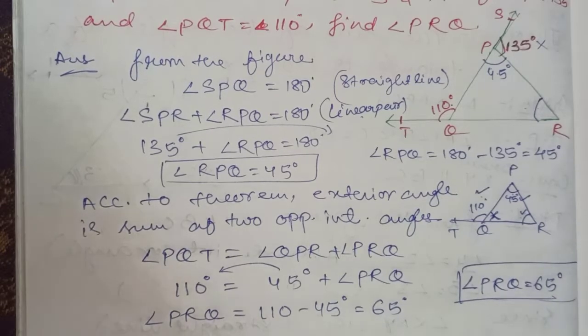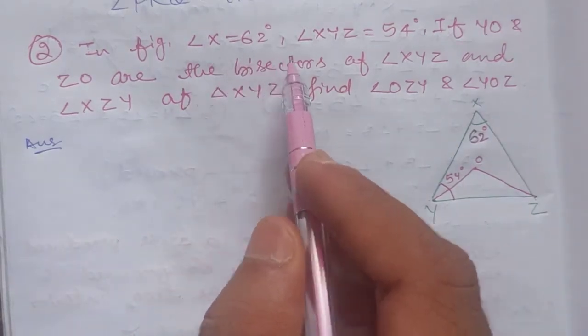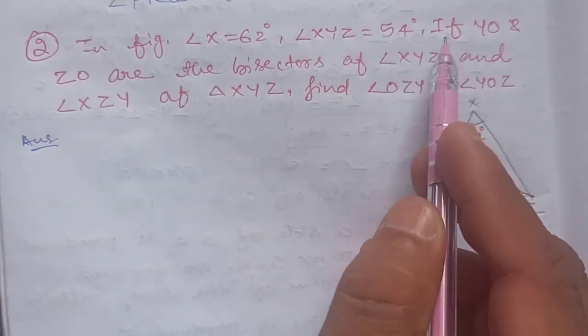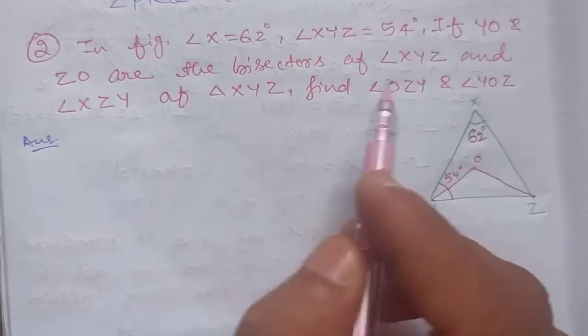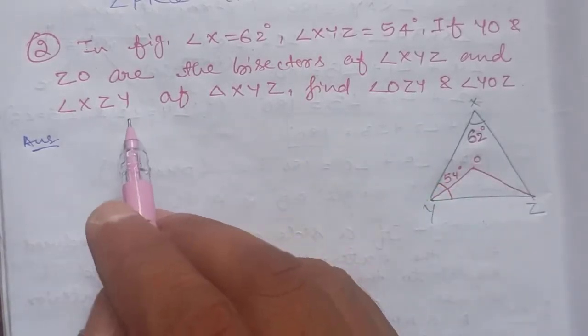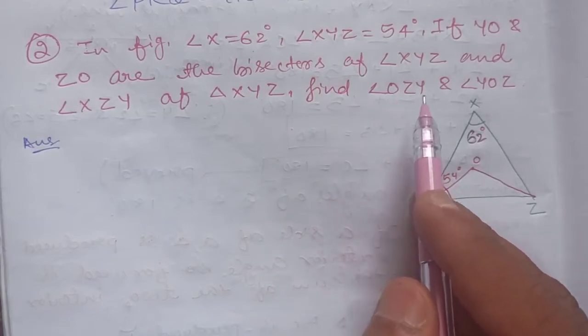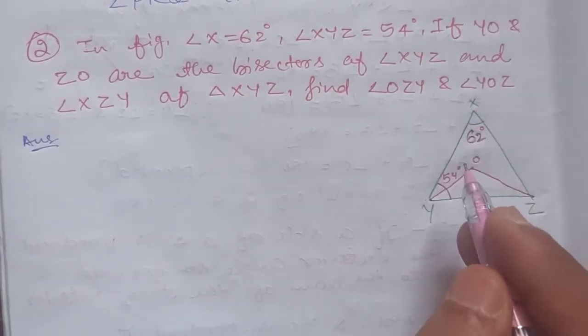Okay, next, now question number 2. In question number 2, it is given angle X equals 62 degree and angle XYZ equals 54 degree. If YO and ZO are the bisectors of angle XYZ and angle XZY of triangle XYZ, find OZY and YOZ. So this is the figure given.